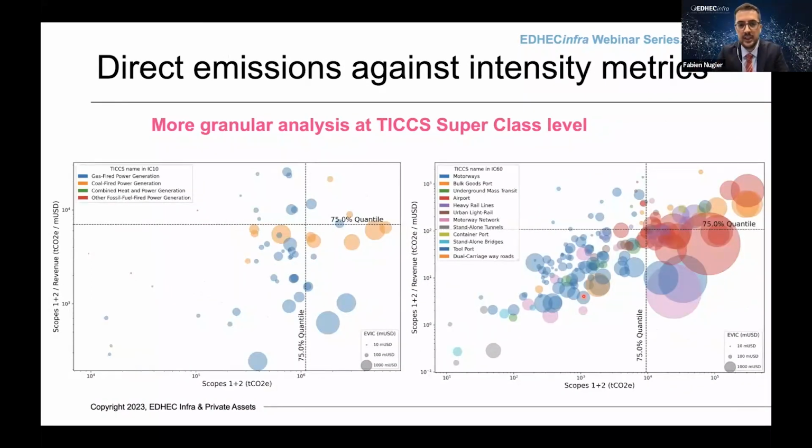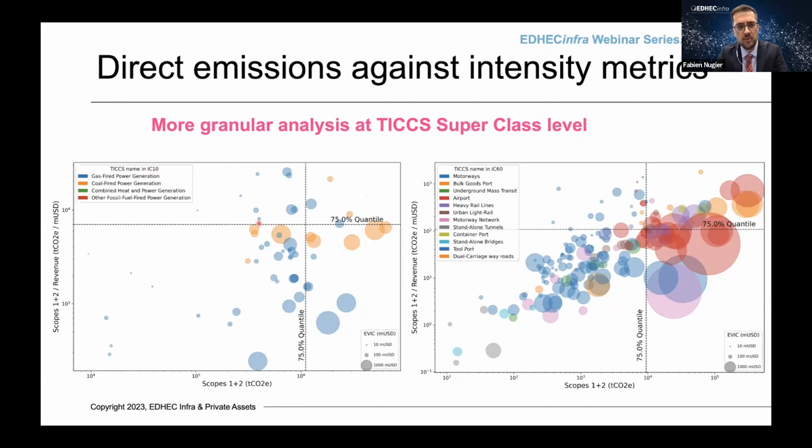And now, finally, if you're interested in a more granular description, you can look at data within a superclass. So on the left here, you have fossil fuel power generation, and on the right side, transportation. And just to be quick on those, basically what you find is that this part is the high efficiency assets.